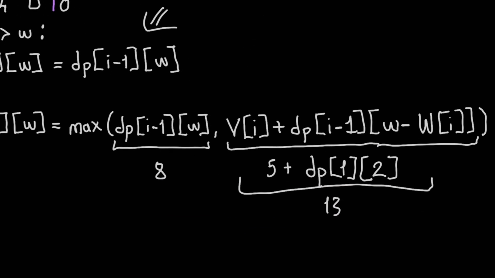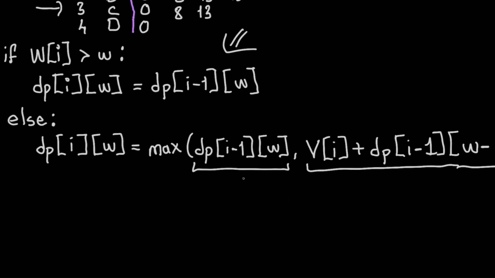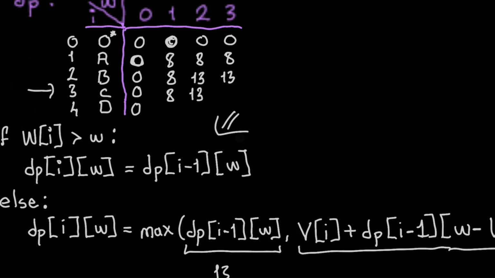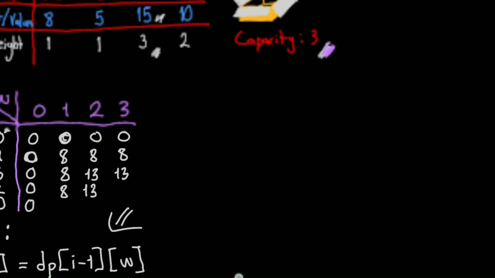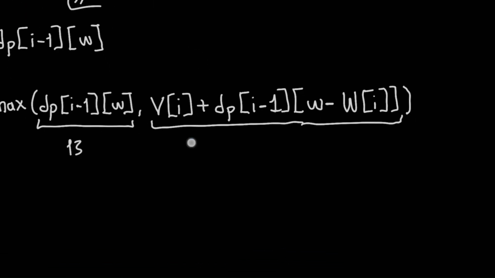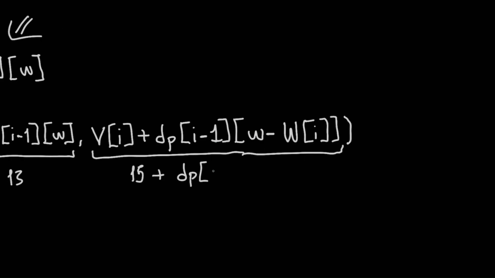So let's see. The previous row is 13, as you can see here. And the value of C is 15, I guess. Yes, 15 plus dp. So the previous index then 2.